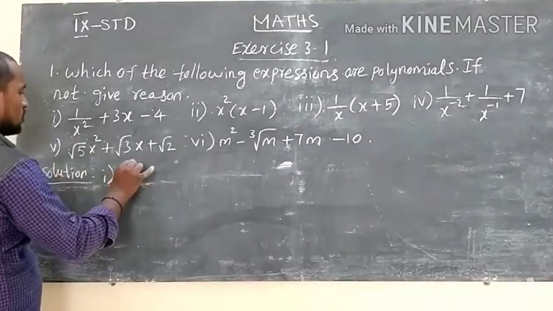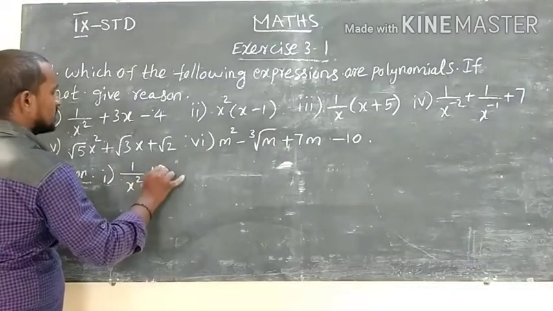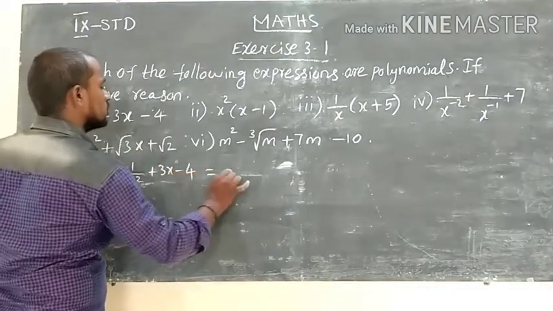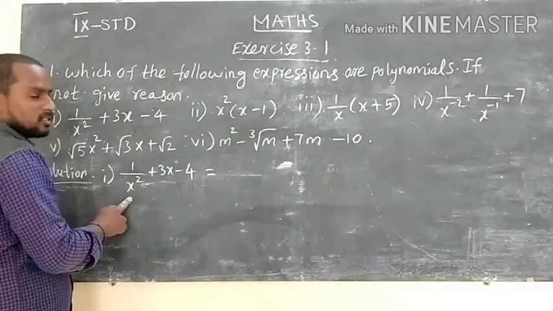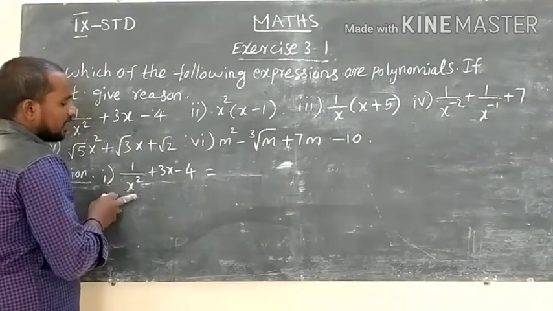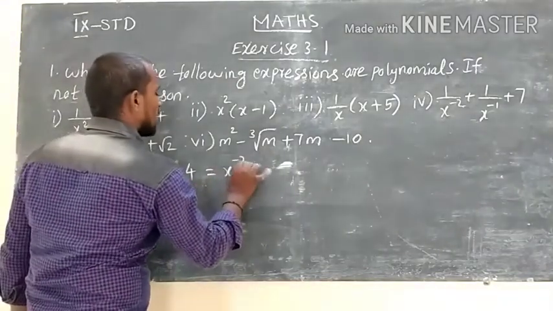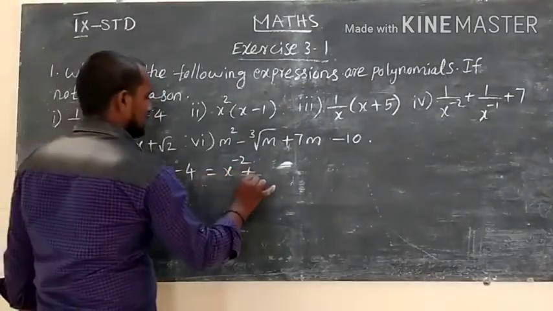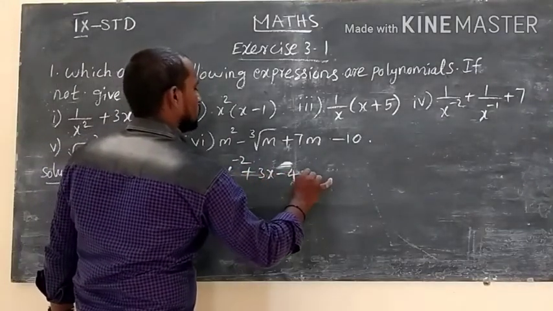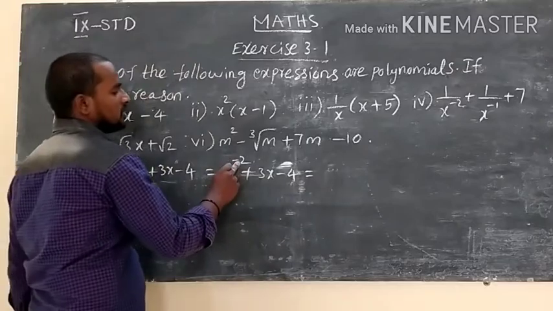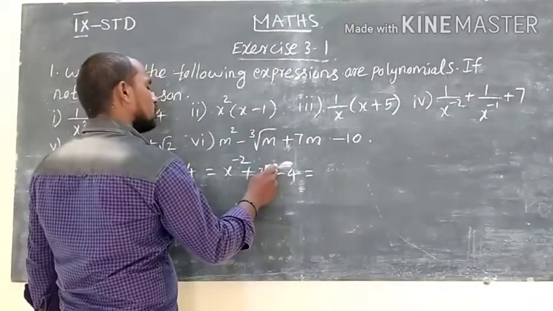This is 1 by x square plus 3x minus 4, which is equal to 1 by x square. So making the transformation we get x power minus 4 plus 3x minus 4. So now consider the powers. This is negative, this is plus 1.